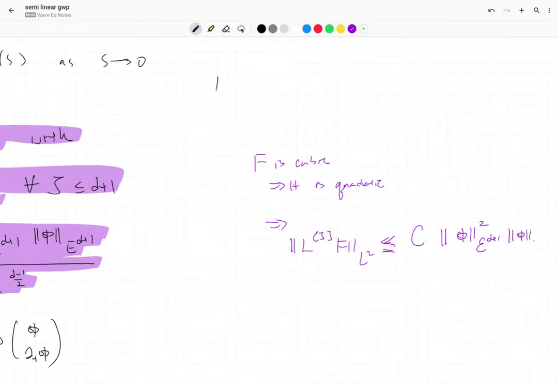I can put the exterior one, still exterior. The curly E one comes from the H norm. And now I have d minus 1 over 2 quantity squared.